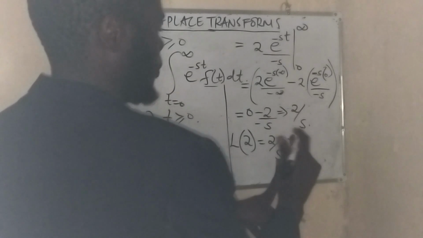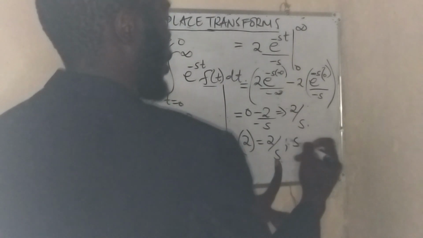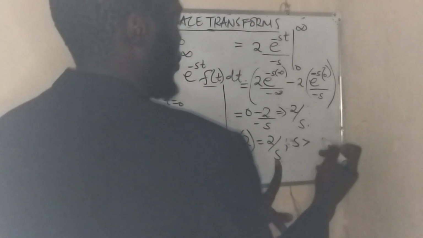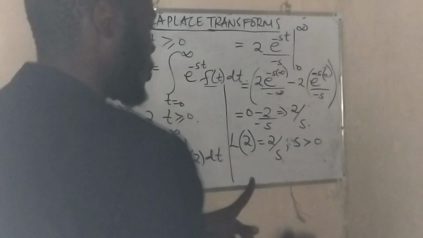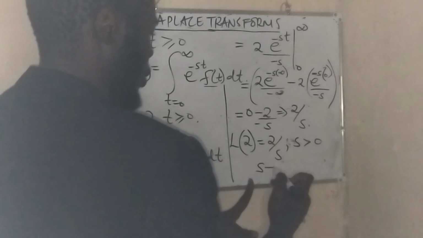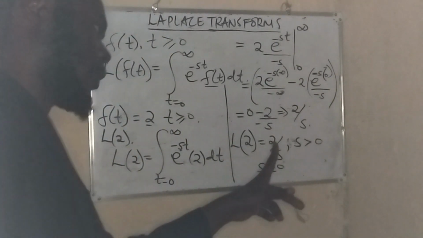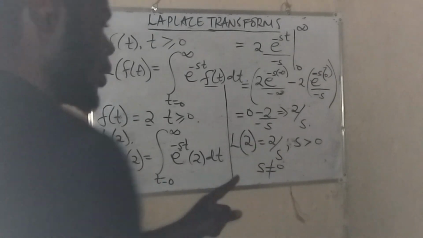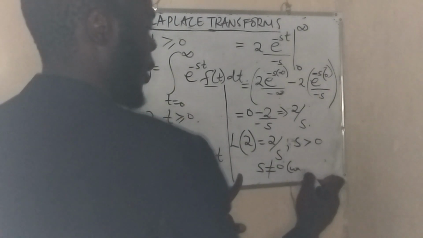But you have to define s. S will be greater than 0, then also s will not be equal to 0, because if s is equal to 0, then this function will be undefined.